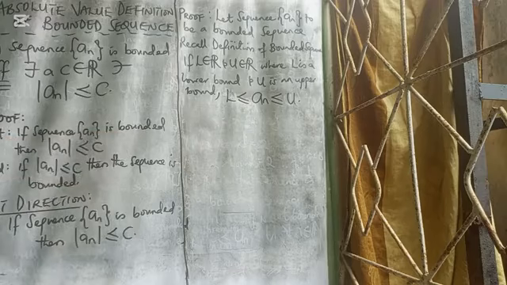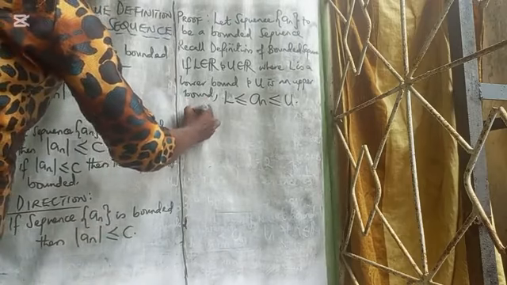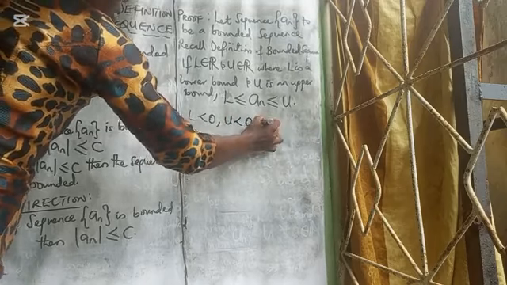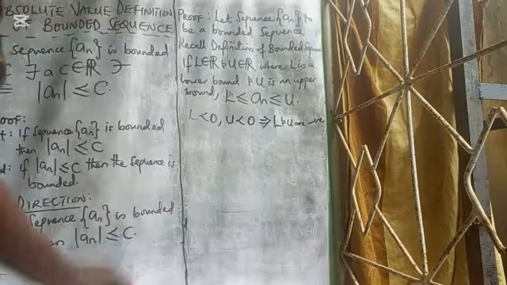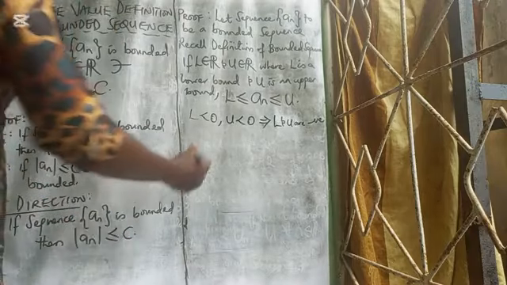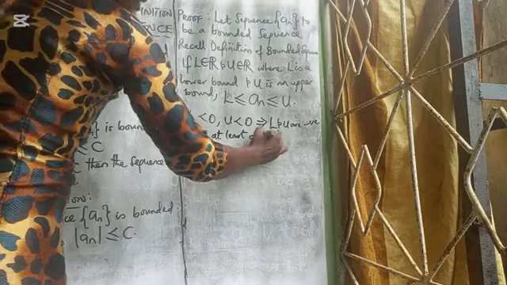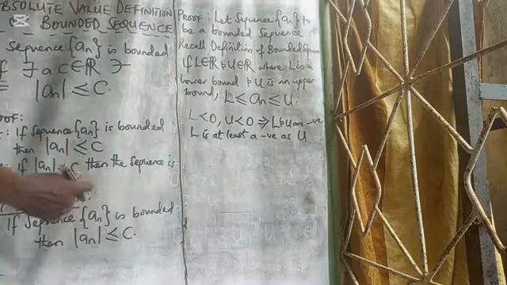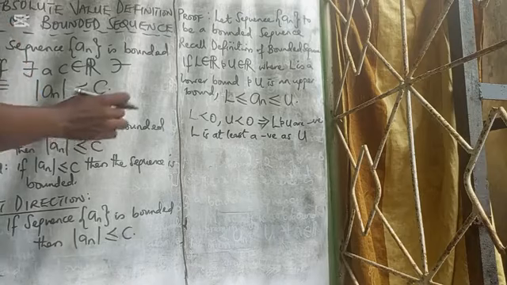If L and U are less than 0, L less than 0, U less than 0, what does that imply? L and U are negative. If they are negative, then it means that what? Our L is at least as negative as U. And since we cannot get an upper bound that is more negative than the lower bound, what do we do?